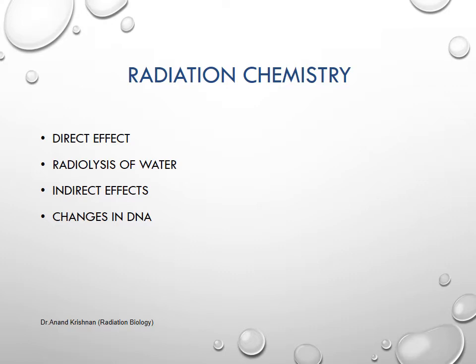To start off, let me start with free radical production. The X-ray causes cell damage primarily through the formation of free radicals. This free radical formation occurs when an X-ray photon ionizes water.